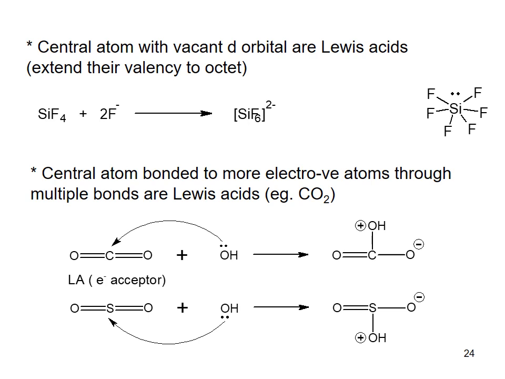So this is a Lewis acid because it can accept electrons from the OH- to form the corresponding anion. Similarly, sulfur dioxide has a central atom bonded to 2 electronegative oxygens through double bonds. So SO2 is another example of a Lewis acid.